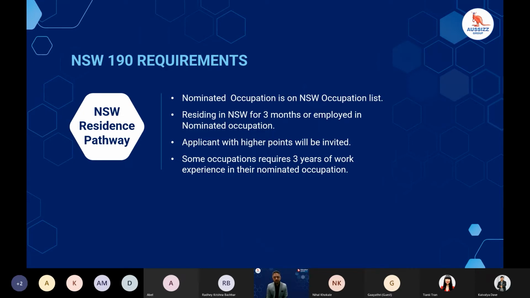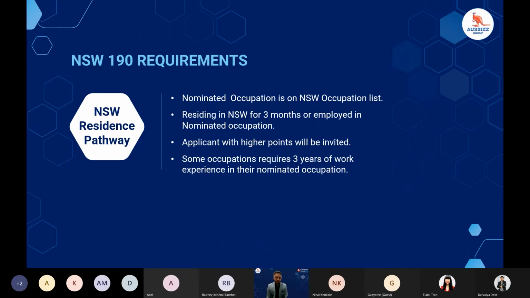With the state nomination for 190 in New South Wales, once you make sure that you meet all these criteria, you have to lodge an expression of interest. Make sure that you select NSW as your preferred state. You continue to live and work here and wait for your invitation. NSW generally conducts the invitation round at the end of each month.